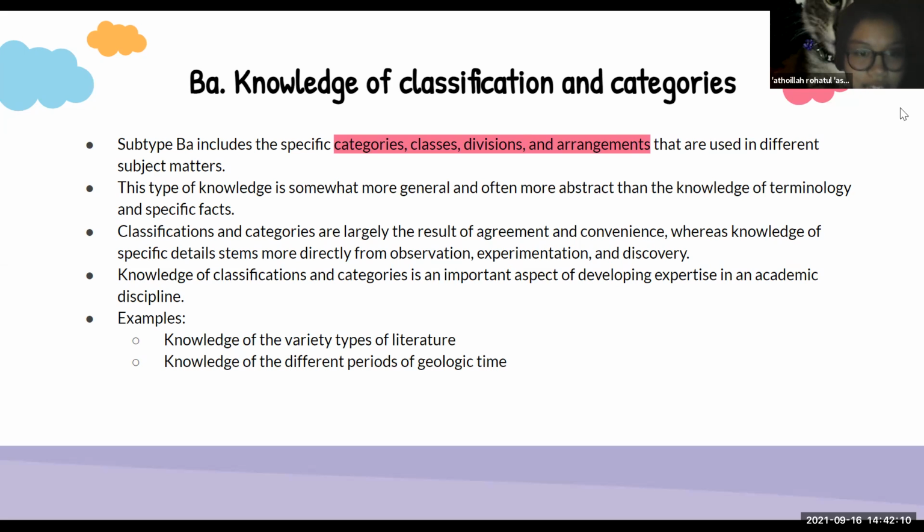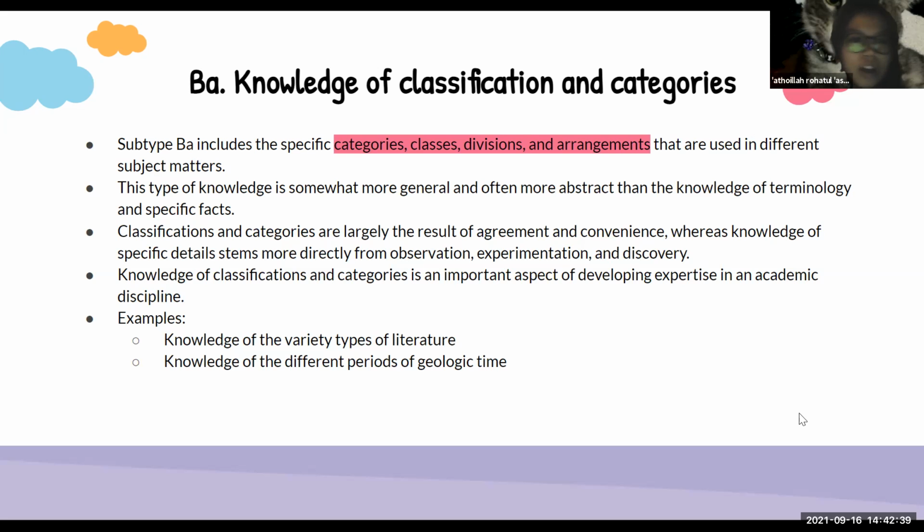Classification and categories are largely the result of agreement and convenience, whereas knowledge of specific details stems more directly from observation, experimentation, and discovery. This knowledge of classification and categories is an important aspect of developing expertise in an academic discipline.